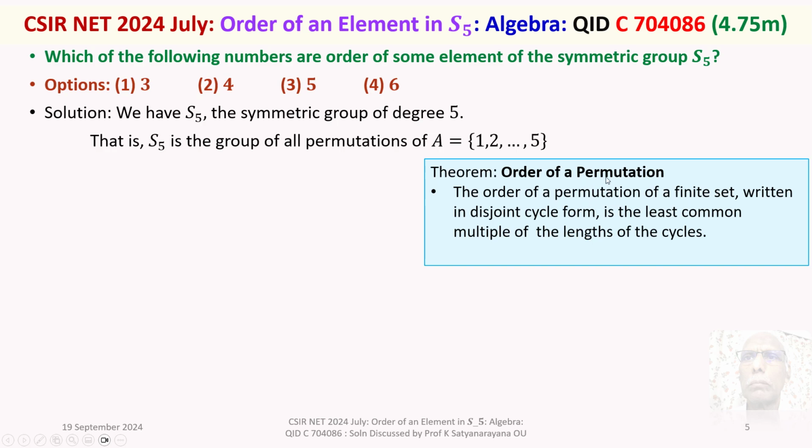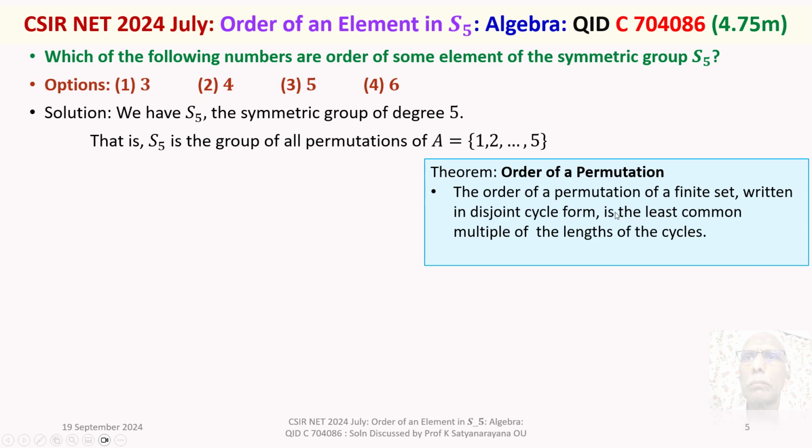That means write it as the product of disjoint cycles.